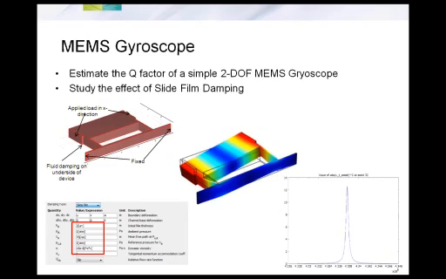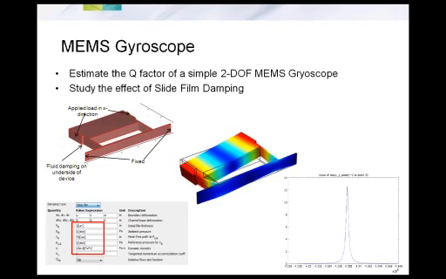The distances or the gap between the sensing electrode and the proof mass are usually very, very small, and they're usually filled with some kind of a gas or maybe even just air. In this case, the model assumes that there is an air gap between the sensing electrode and the proof mass. And this is going to cause damping.